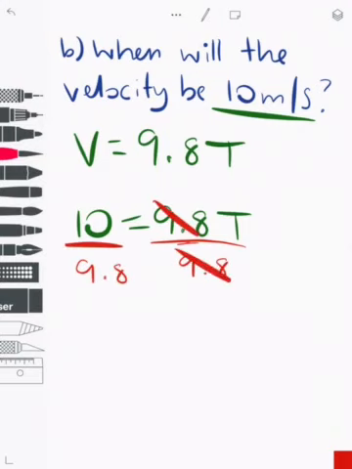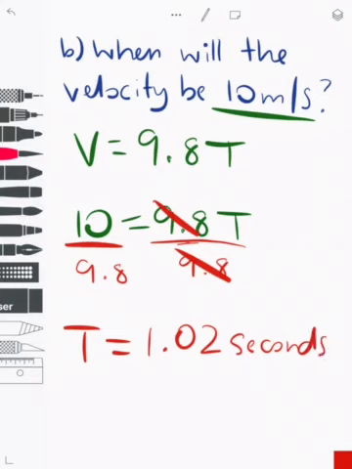That cancels that out, and I'm left with t equals 10 divided by 9.8, which is 1.020408. I can round that off into seconds, so I'm going to round it to 1.02 seconds, and I indicate that's 2 decimal places. Always indicate when you round it off.